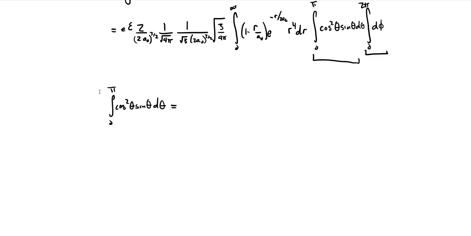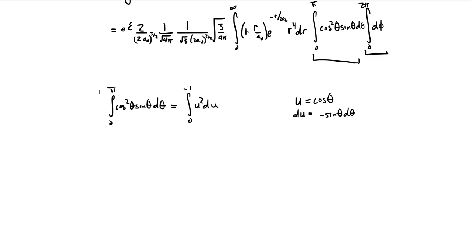We do a substitution, u equal to cosine theta, so du is equal to negative sine theta d theta.